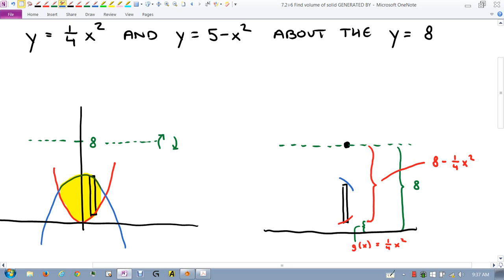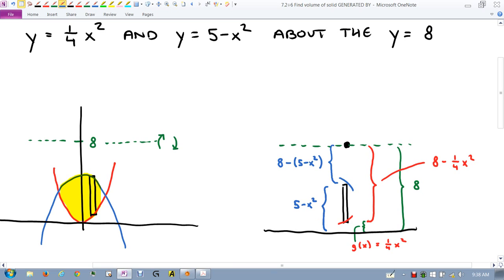How about same thing, observer looking out to the inner radius, which is the distance from the axis of rotation to that closest edge. What is it? This time it's 8. Take away what? The blue function, right? The f of x. What's f of x? 5 minus x squared. So make sure you put it in parentheses, 5 minus x squared. And that, remember, is because from here all the way to here is 5 minus x squared.